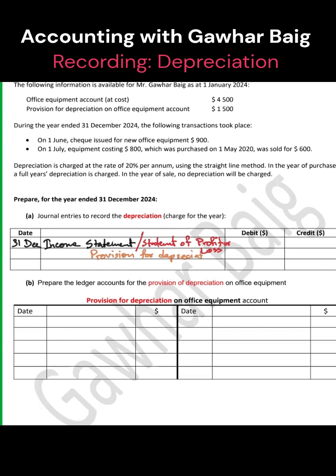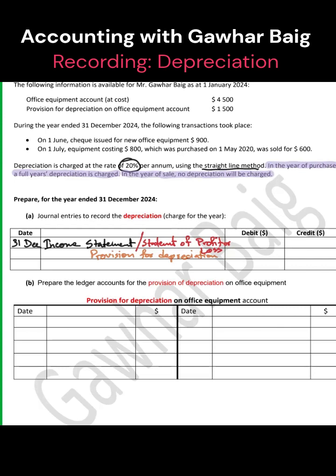will be credited. Now, as for the calculation of the depreciation amount, we know we have 20% depreciation using the straight line method, and we have a policy here which says in the year of purchase, a full year's depreciation is charged, and in the year of sale, no depreciation will be charged.